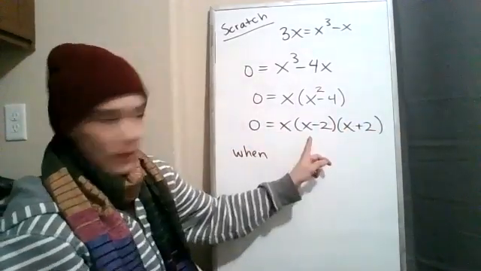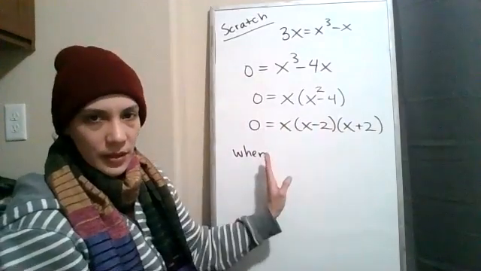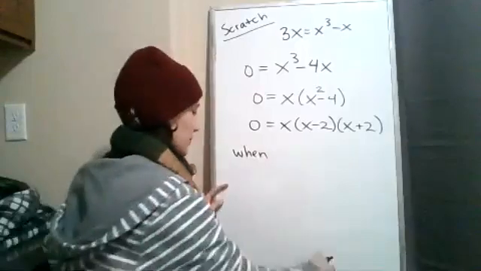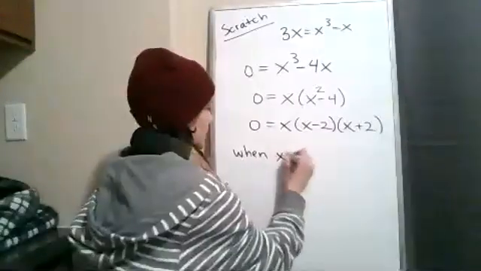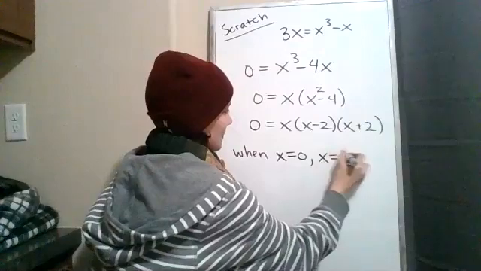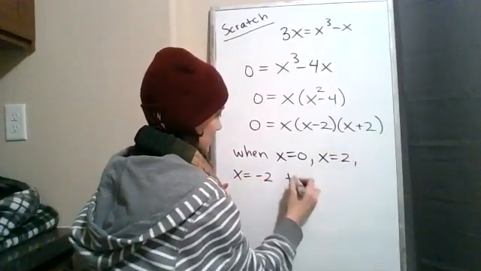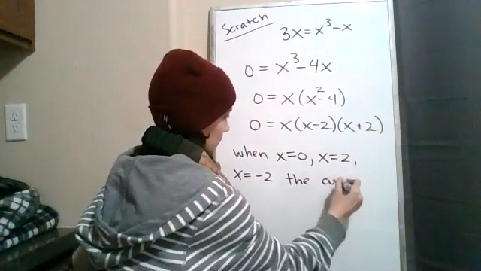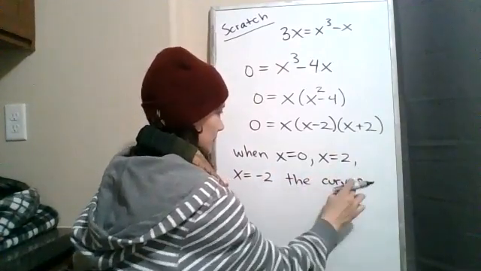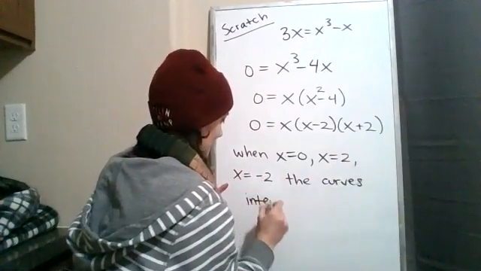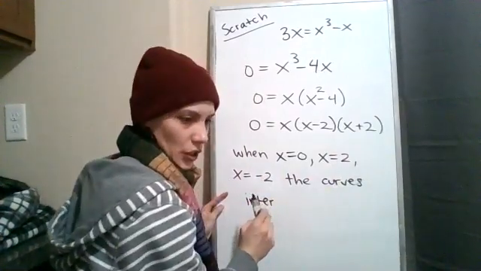So we've got 0, positive 2, and negative 2 as places where the functions will intersect.